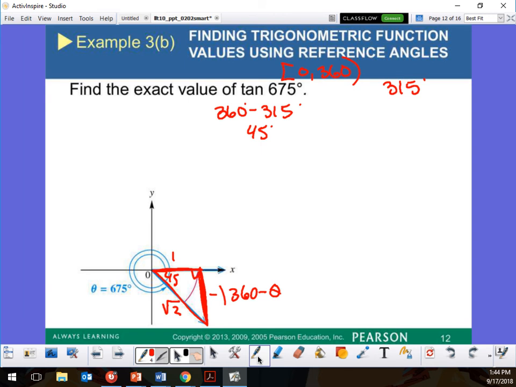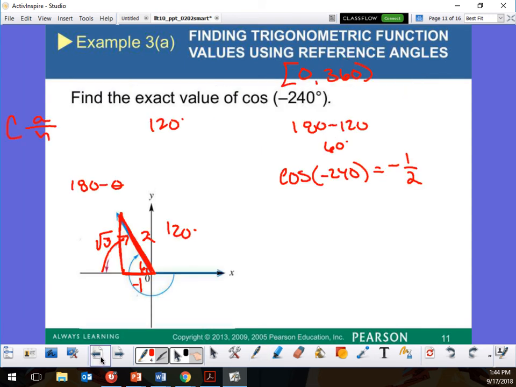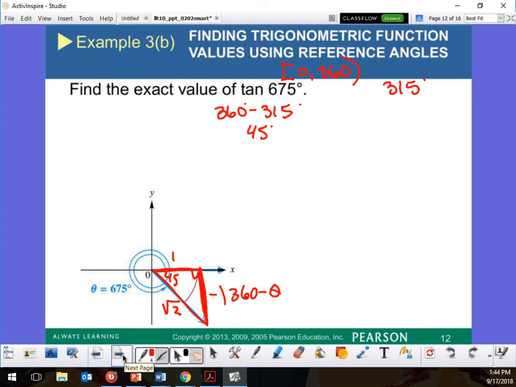What if it was a 30? Then that would be a different triangle, like my previous triangles with the 30, 60, 90. This is a 45, 45, 90. So we have 1, and because this value goes down, the y value has to be negative. Now this one is asking for tangent.